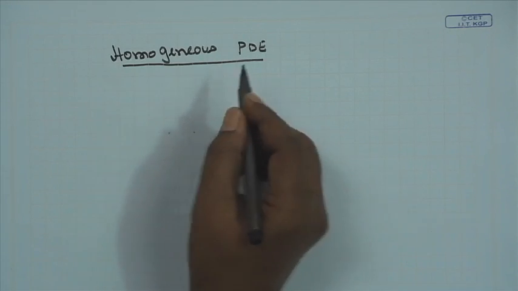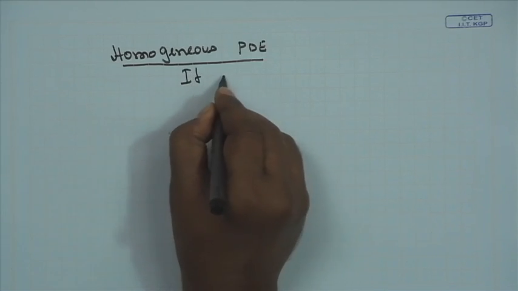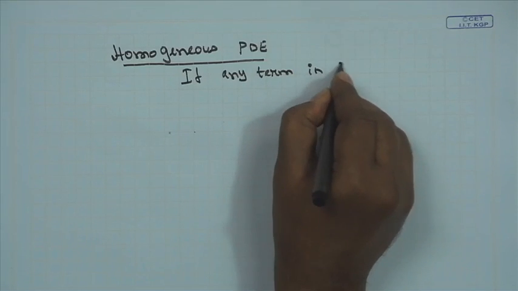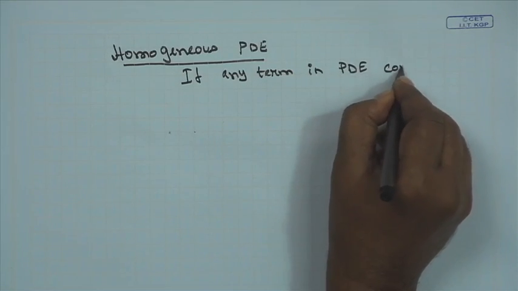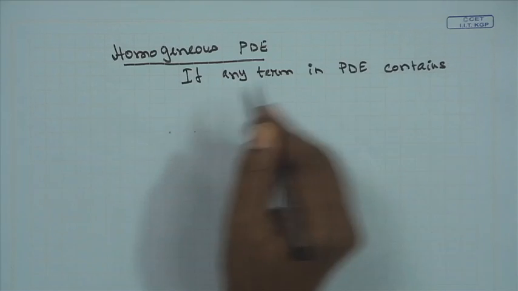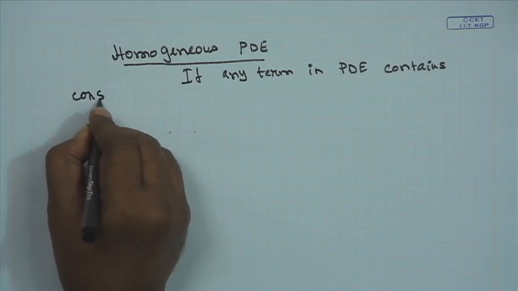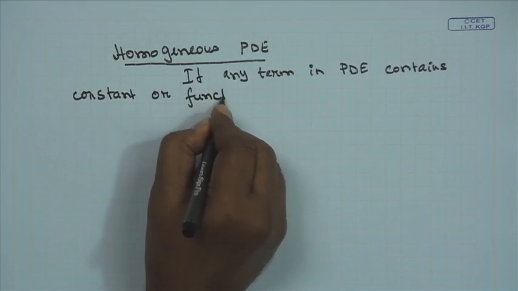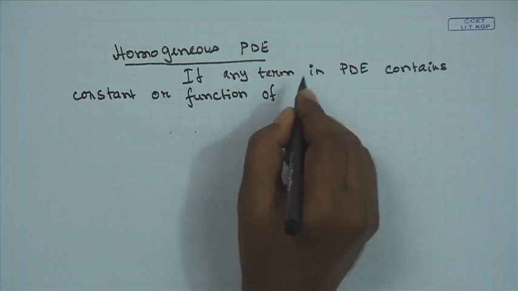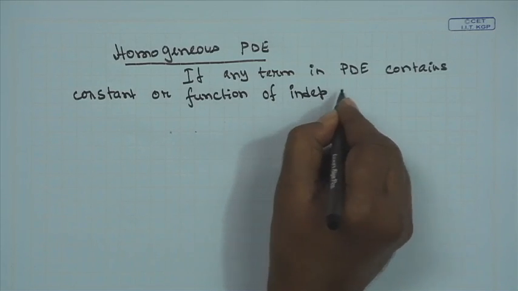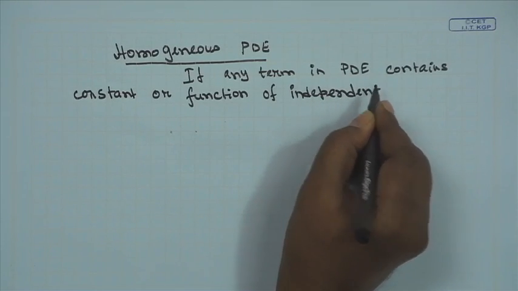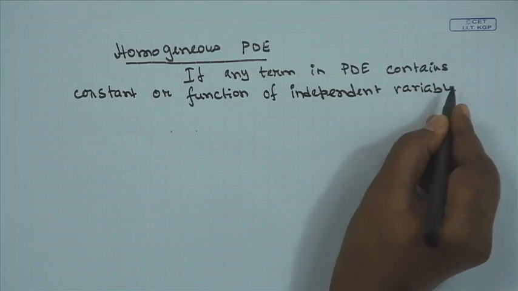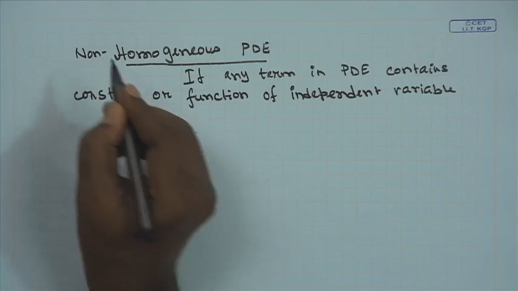Now, if any term in the PDE contains a constant or a function of the independent variable only, that is the definition of a non-homogeneous partial differential equation.